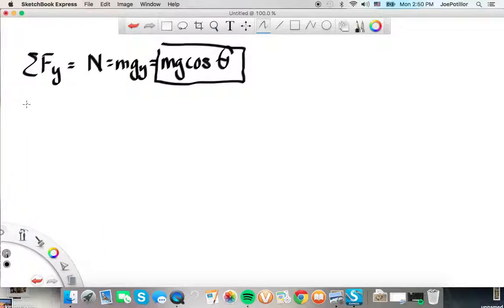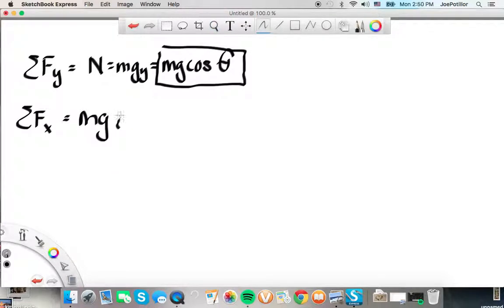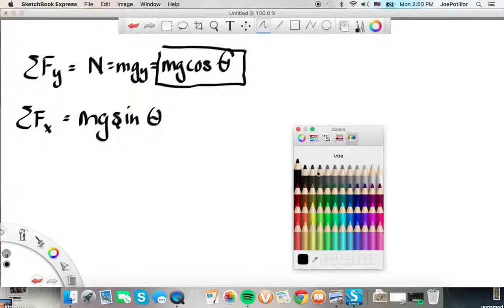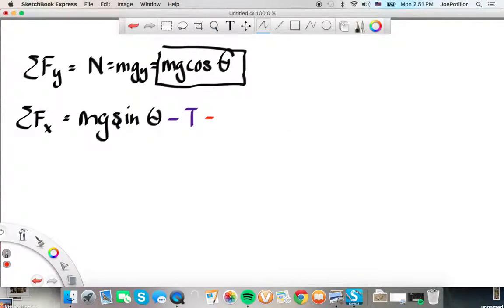So the sum of forces in the x direction is mg sine of theta minus T minus mu mg cosine theta, like that.